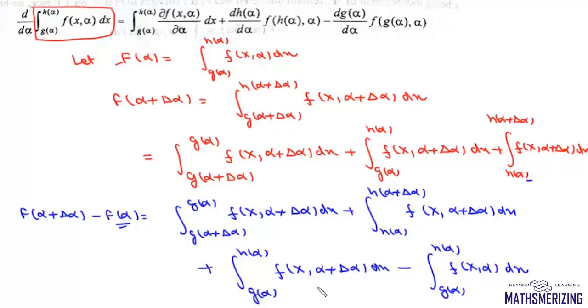Now we'll combine these two integrals and we'll also divide everything by delta alpha.